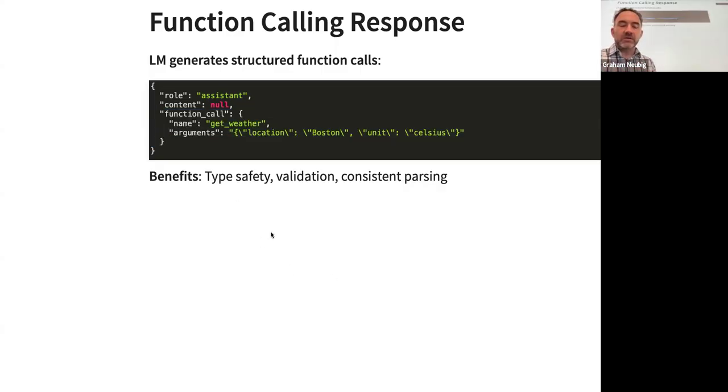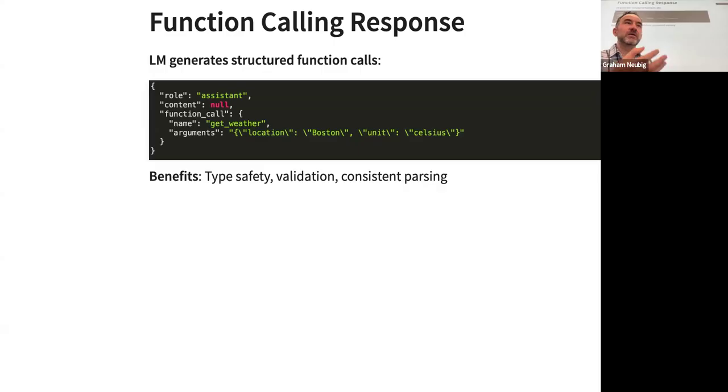The good thing about this is you can do type safety, validation, and consistent parsing. Another advantage is all of the language models have been trained on tons and tons of function calling data. So if you specify it in this format, sure, the LM will make mistakes some of the time, but it's been trained so heavily.